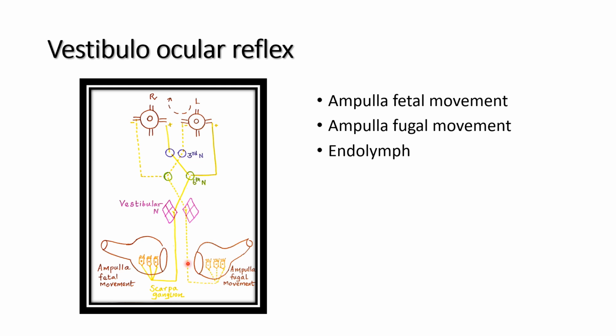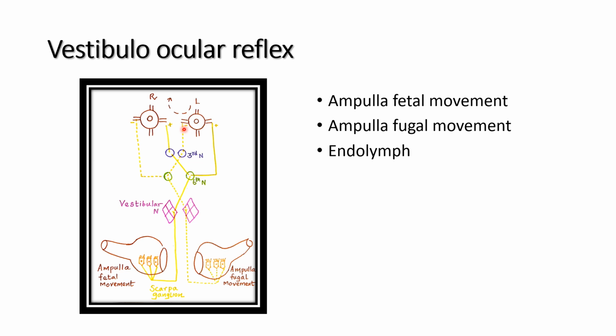This less stimulates the vestibular nucleus and the sixth nucleus. It less inhibits the lateral rectus in the right eye. At the same time, it reaches the opposite third nerve nucleus and inhibits the medial rectus in the left eye. So this is the vestibulo-ocular reflex.